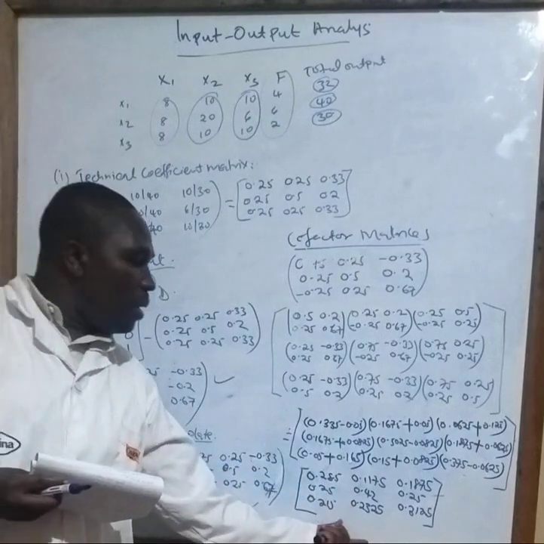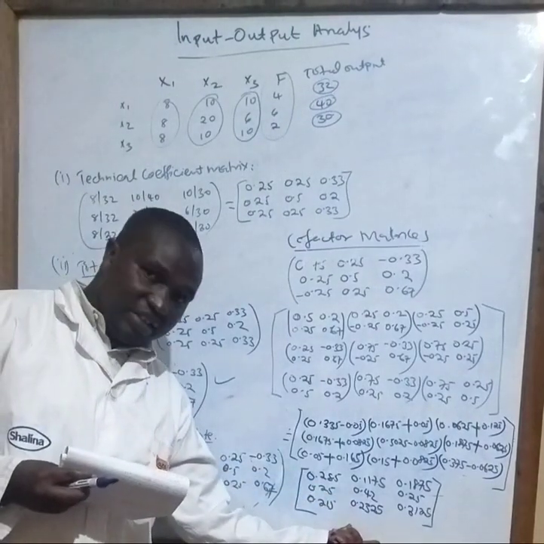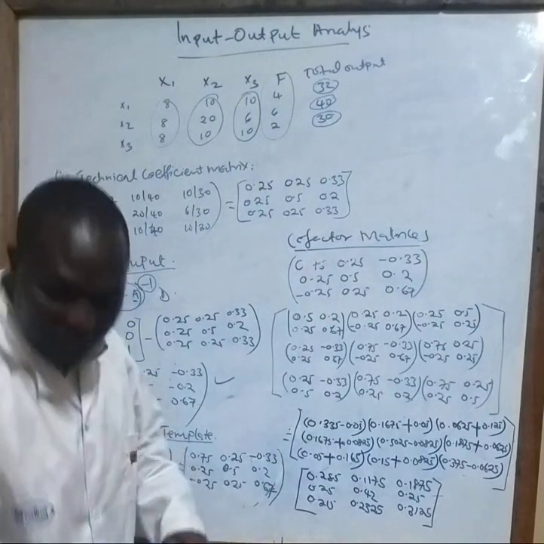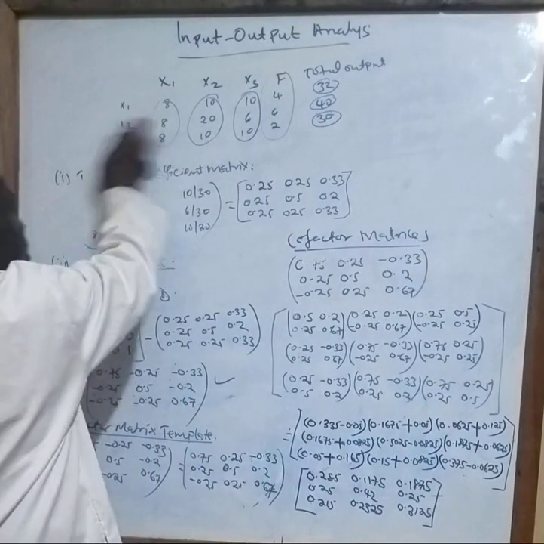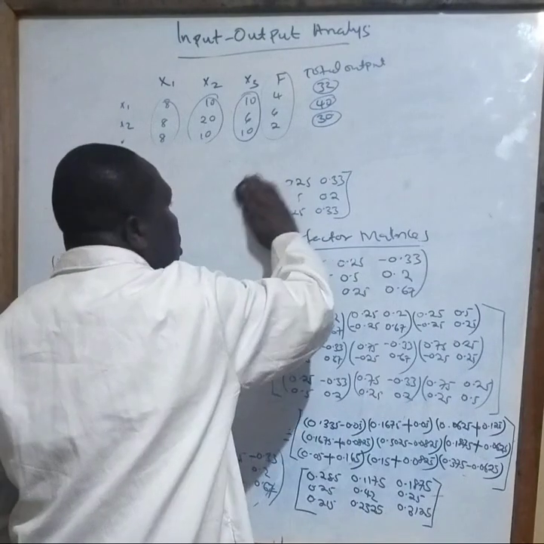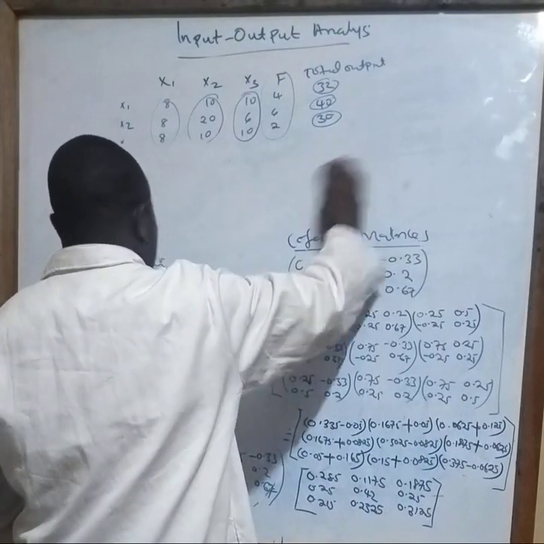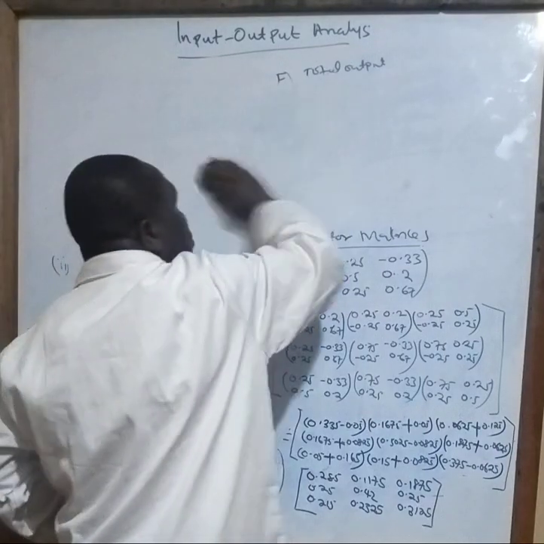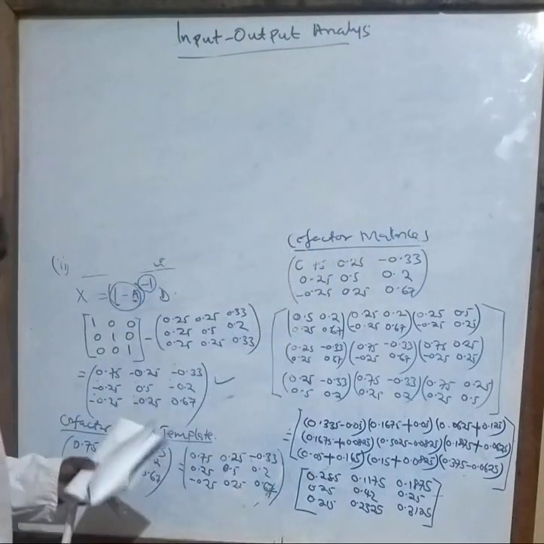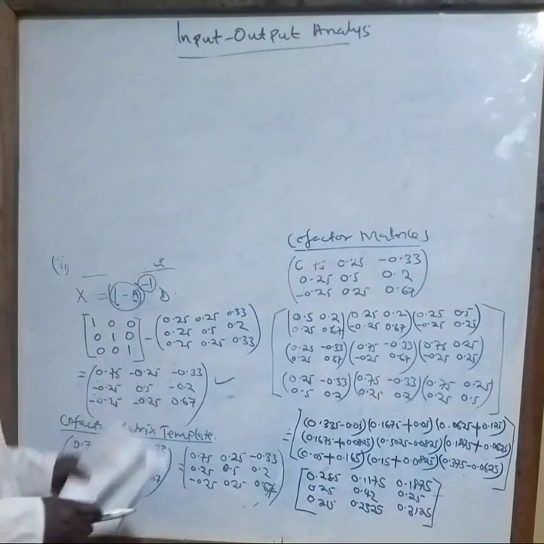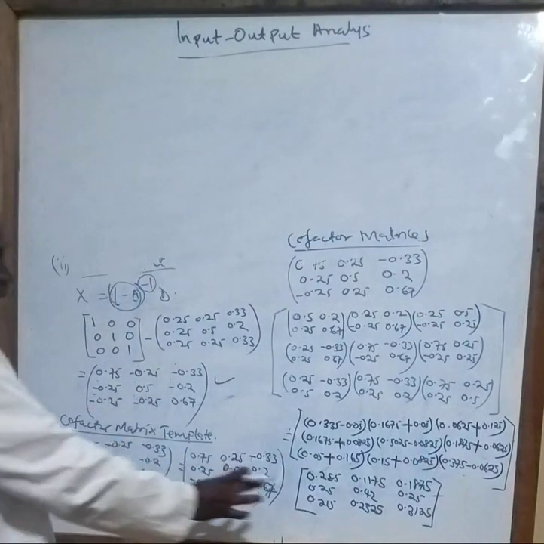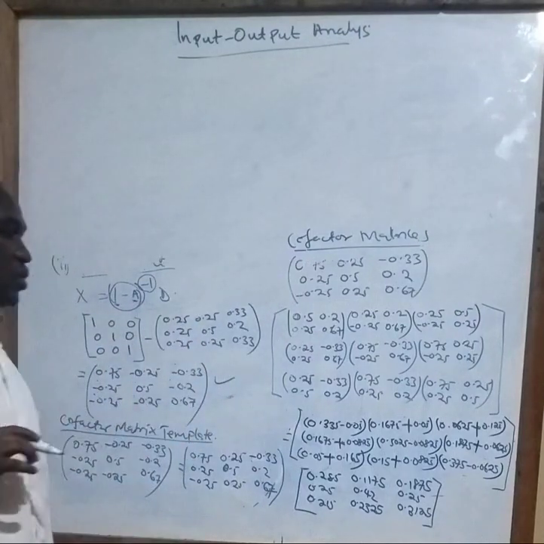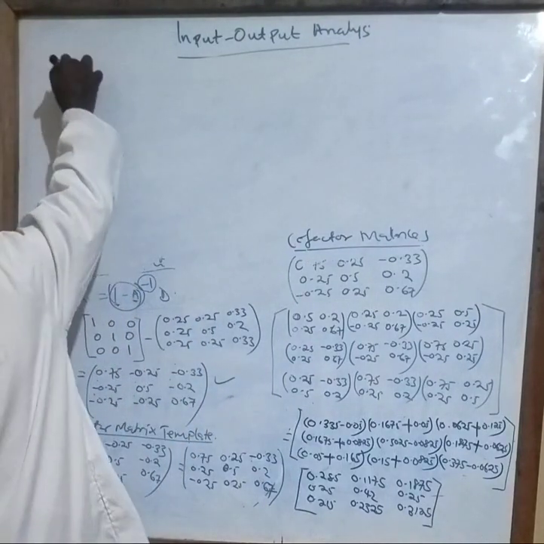Once you have now our simple matrix here, we go to the second stage of determining this. Now look at what is happening now. The second step after we have calculated our cofactor matrix is to get the determinant.